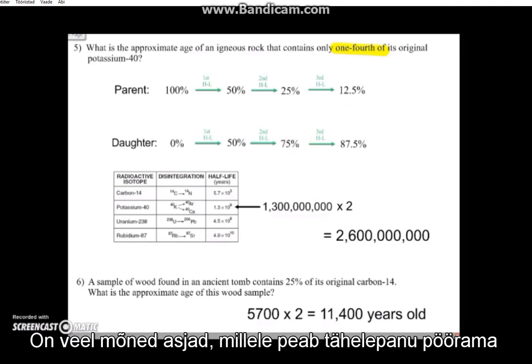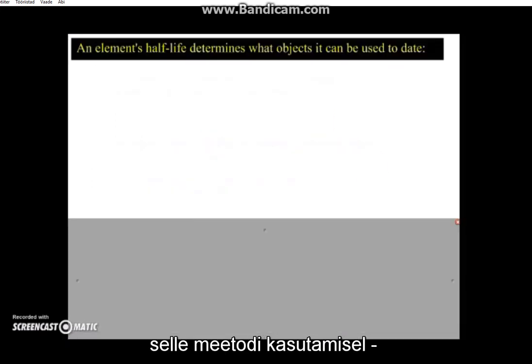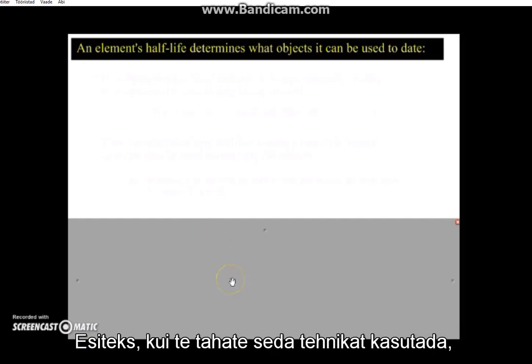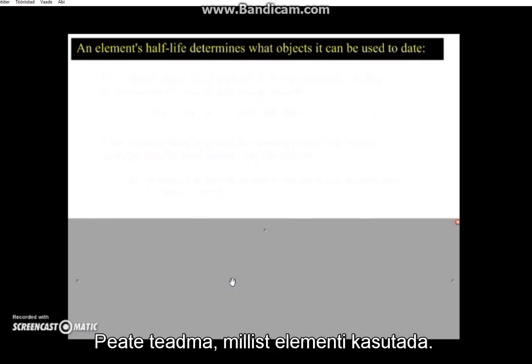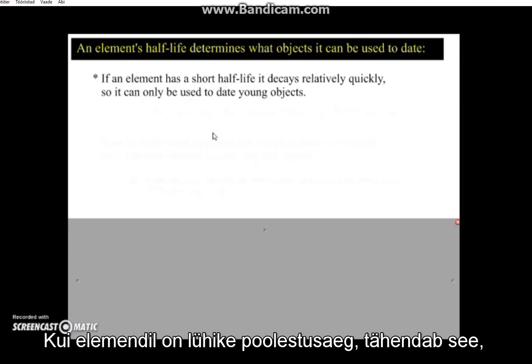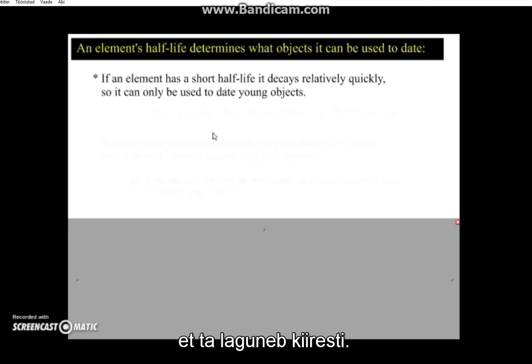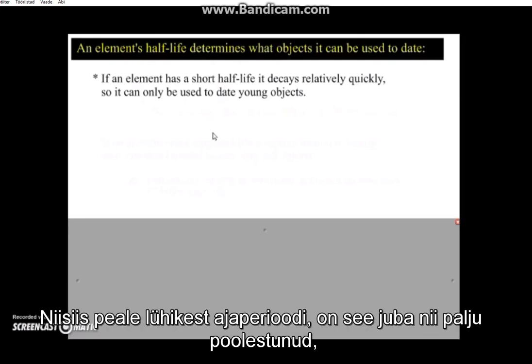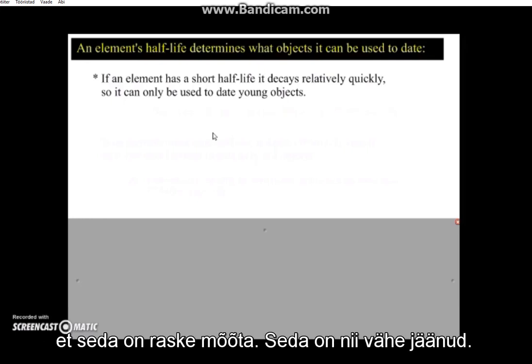Now, there are some other things that you need to be aware of when we're using this process. First of all, if you want to use this technique, you have to figure out which element to use. If an element has a short half-life, it means that it breaks apart quickly. And so after a short amount of time, it will have broken apart so much, it's going to be really hard to measure.